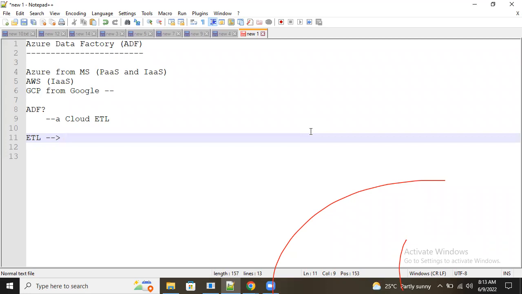Who are the final users of these applications? End users, business users, customers. For example, in Amazon.in, I purchased a product called an AC.